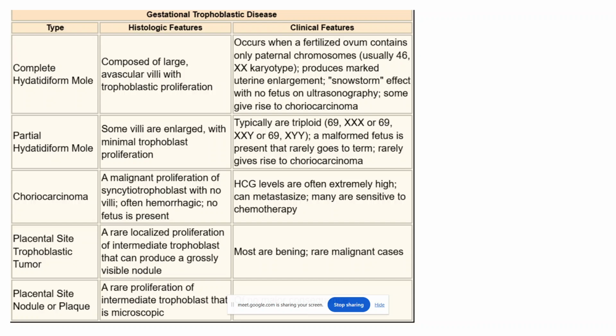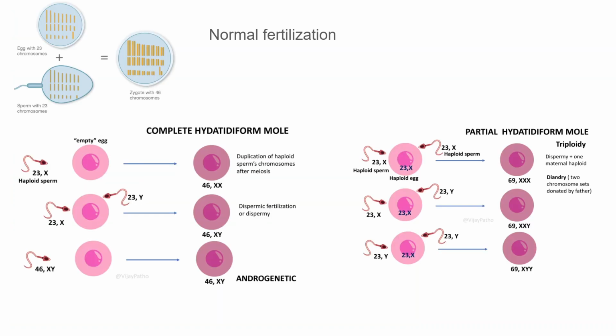So choriocarcinoma is the real malignant disease here. Then the placental site trophoblastic tumor is a rare localized proliferation, which is comparatively rare, and most are benign and some are malignant. Placental nodule is a rare proliferation of intermediate trophoblast, which is microscopic also, with no major consequences.